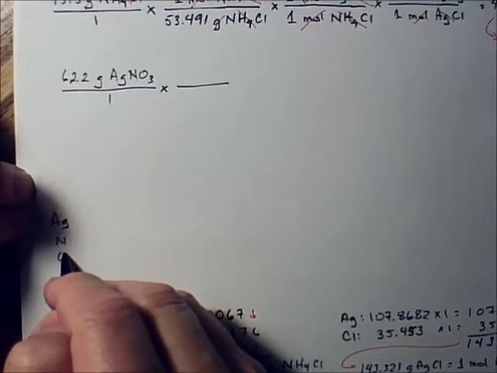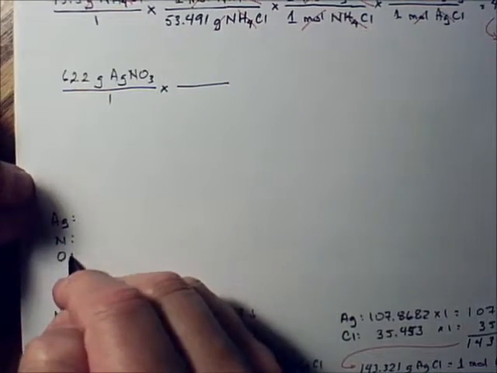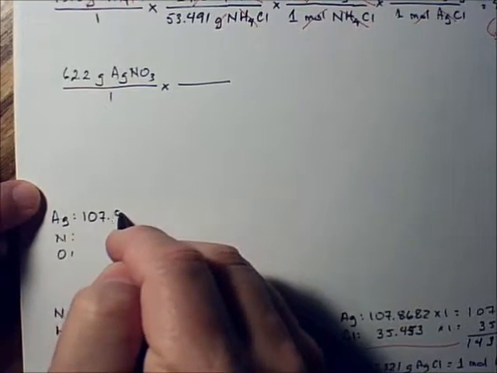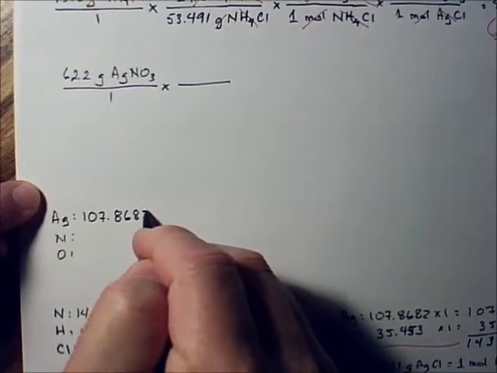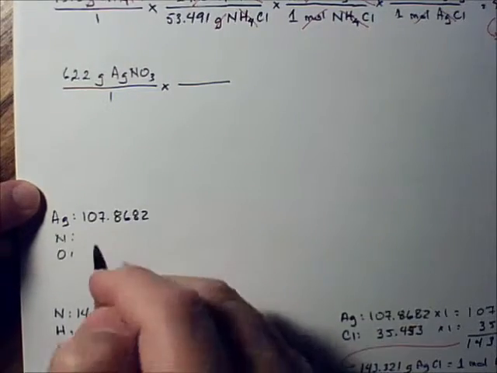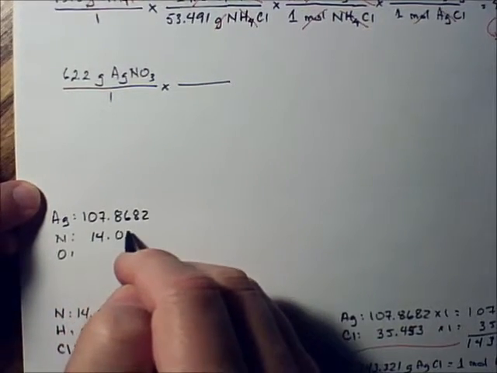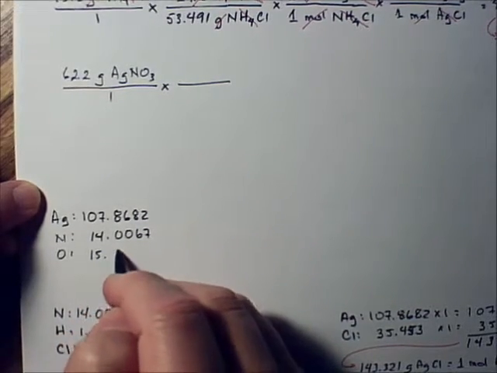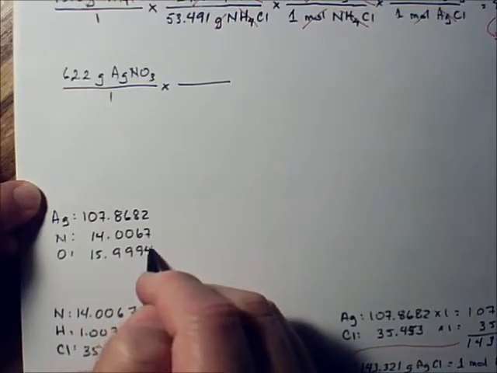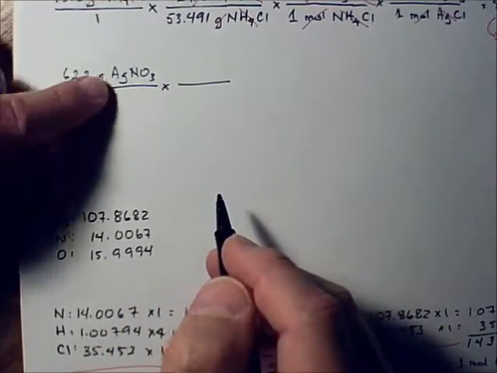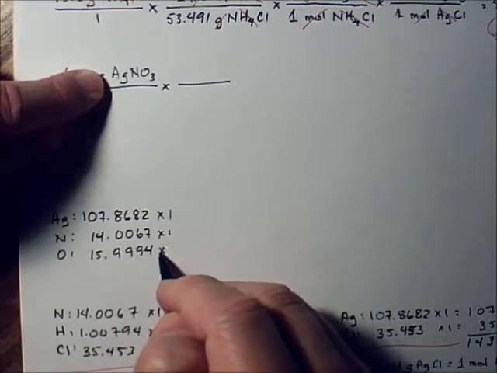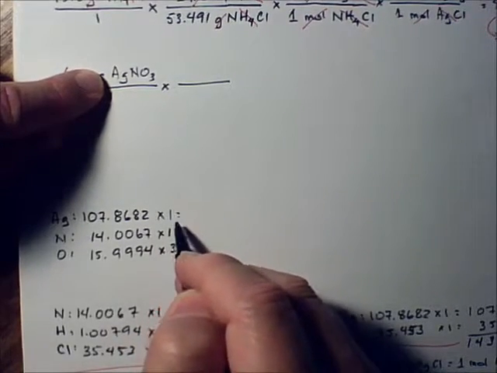Silver, nitrogen, oxygen. 107.8682. Nitrogen is 14.0067. Oxygen is 15.9994. We have 1 silver, 1 nitrogen, and 3 oxygens.